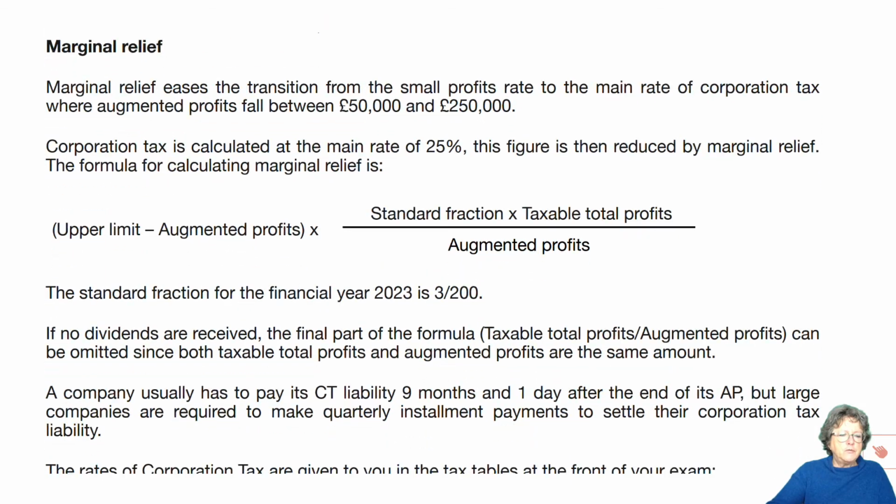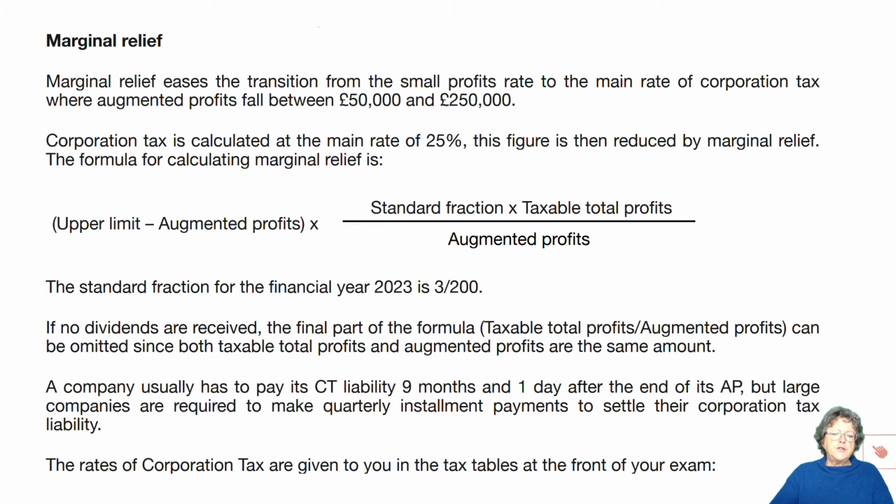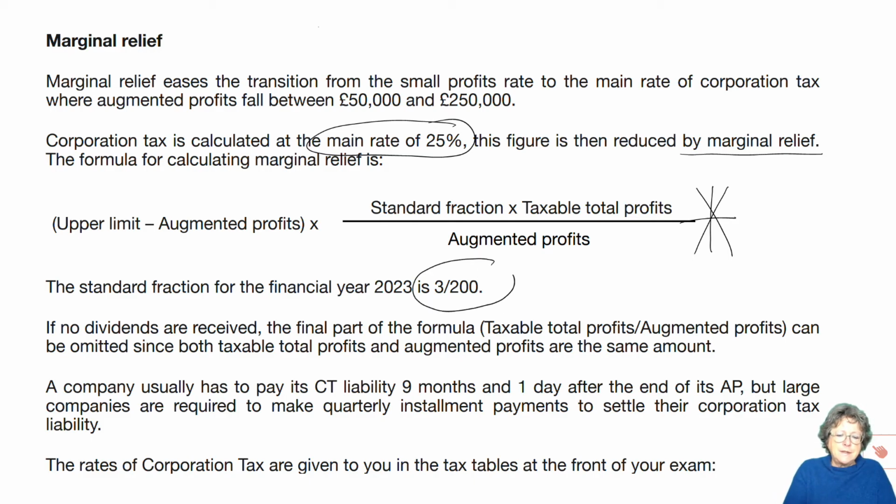Now, I mentioned marginal relief. So this eases the transition from the small rate to the main rate. Now, what you do is you calculate the tax at the main rate of 25% and then reduce it by marginal relief. And that is the formula that we will use. And that is the fraction which is there.